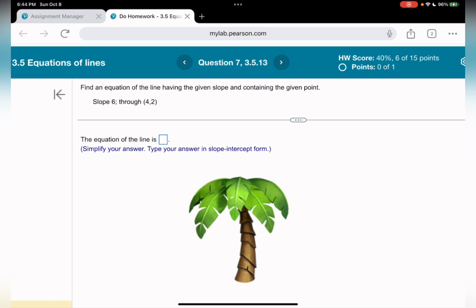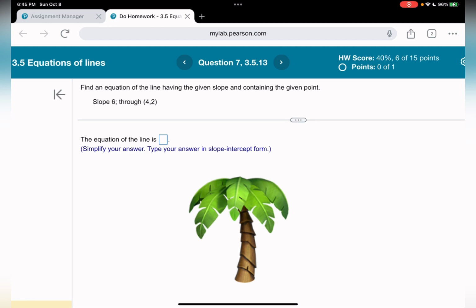Now here is becoming more interesting. The slope is given 6, so we already know it's going to be 6x, but 4 and 2, this is not an intercept, because for an intercept coordinate, x is 0, right? But here we have a coordinate, it's just a given point through which the graph is going.